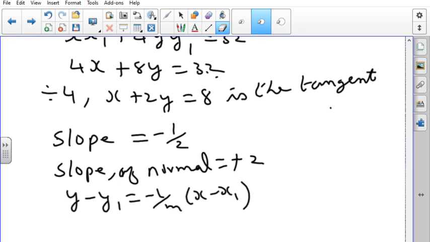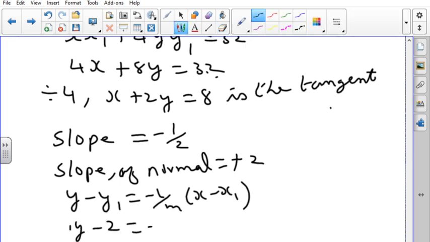We have the point as 4 comma 2. So y minus 2 is equal to 2 into x minus 4. So y minus 2 is equal to 2x minus 8. So 2x minus y minus 6 is equal to 0 is the normal. Thank you, students.